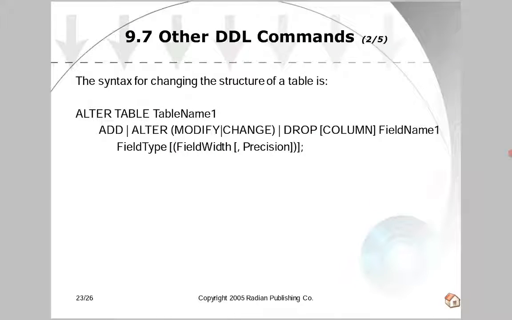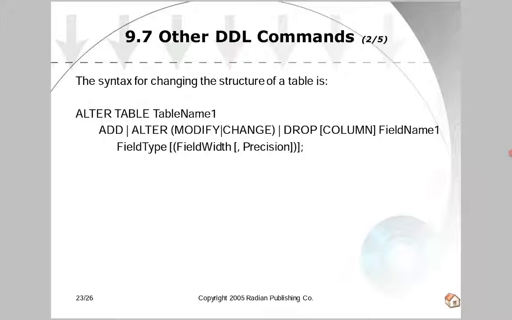So other DDL commands. Alter table. The alter table command is used to change or modify the structure of a database. The syntax is alter table, table name, add or alter or modify or drop column, column name or field name, field type.